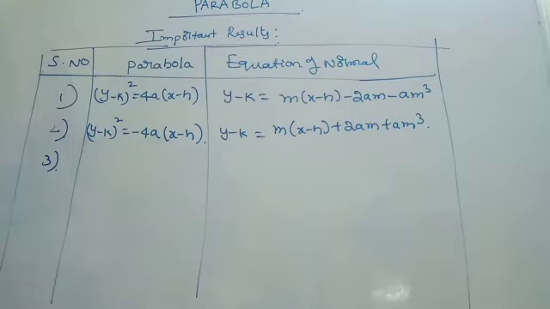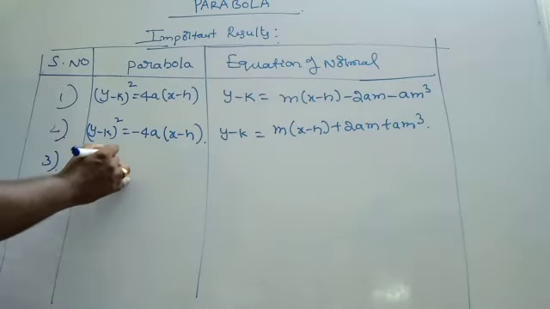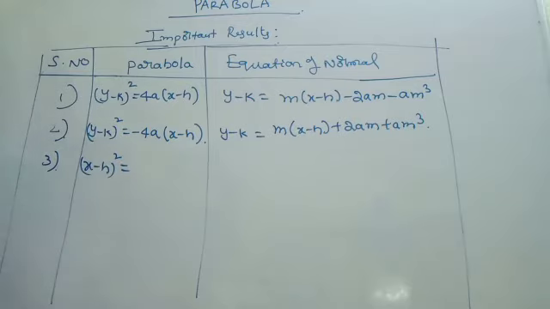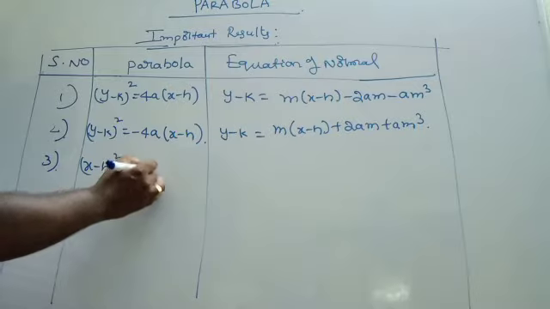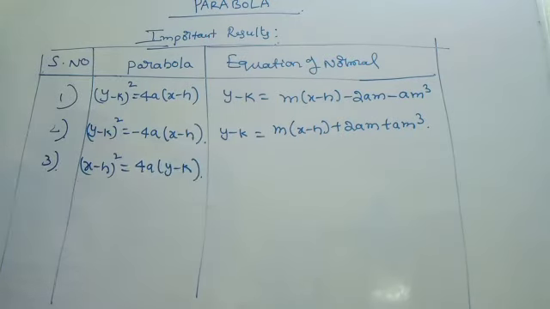Now the third one is the parabola (x minus h) whole squared equals 4a times (y minus k). This is the upward parabola when the origin is shifted to the point (h, k).